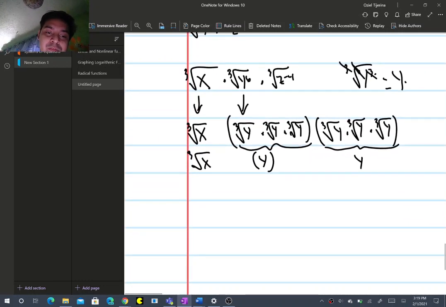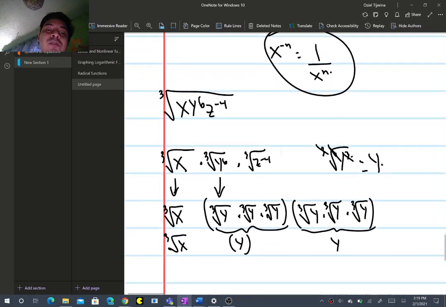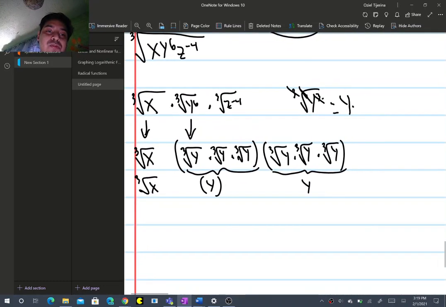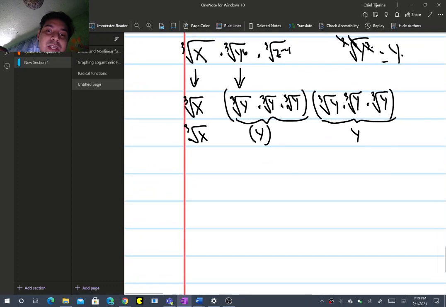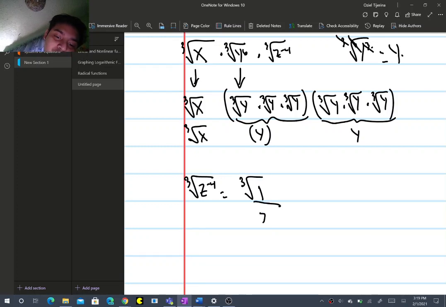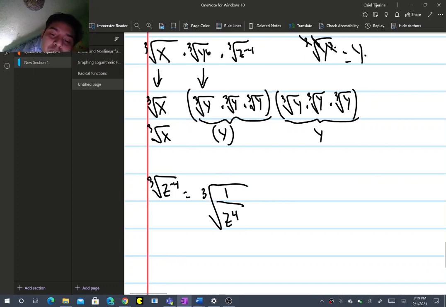So your answer for this one, and also the z to the negative 4. The cubed root of z to the negative 4, that's another one. So the thing about that one is that you're going to have the cubed root of 1 divided by z to the 4th.